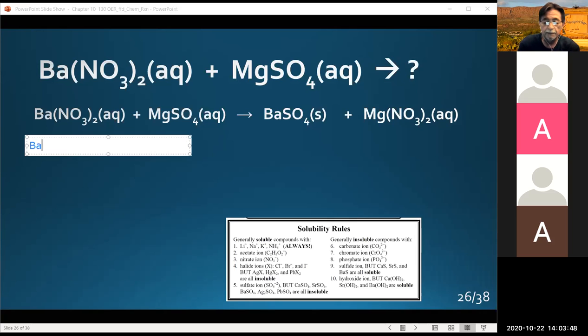Everybody agree on that? So it's got a +2 charge. And the nitrates, we've got 2 of them, but we know from the polyatomic ion table that every nitrate has a -1 charge.